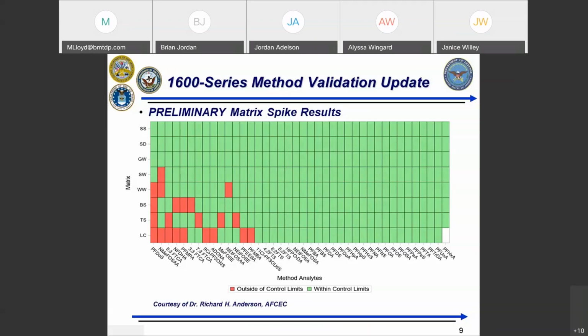So a green block indicates it met the criteria, red block means it did not. As you can see, the mean recoveries for all analytes were within this criteria for soil, sediment, and groundwater, and only 1 analyte exceeded the limit for surface water. So the expected trend of the more complex matrices, the more exceedances, proved to be true.